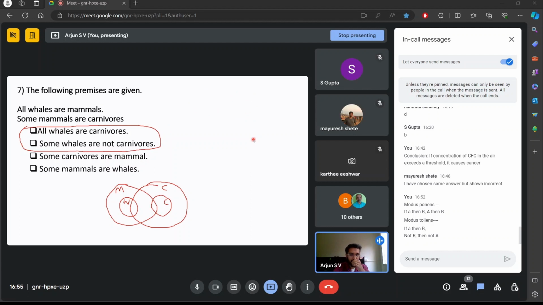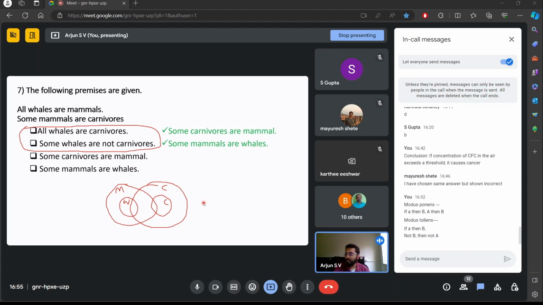So I'll move on to question number 7. Question number 7 says the premises are: all whales are mammals and some mammals are carnivores. They are giving us 4 options. It's a multiple select question, and they are asking us to draw a conclusion. So the obvious answers would be some carnivores are mammals and some mammals are whales.